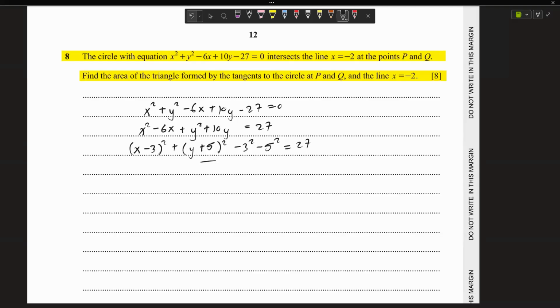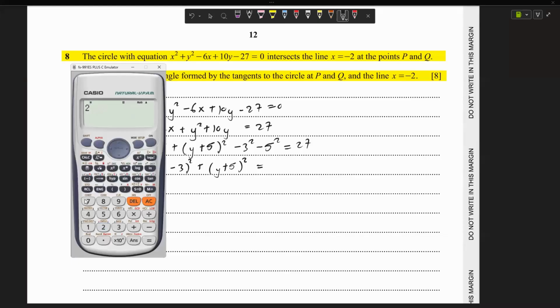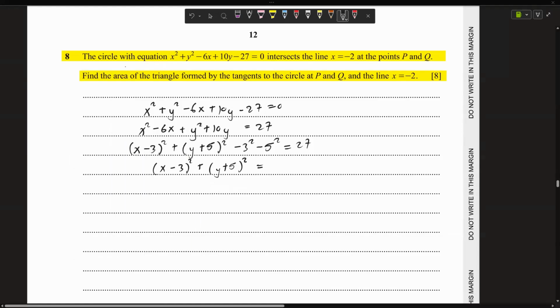All right, so we will end up having x minus 3 squared plus y plus 5 squared is equal to 27 plus the 3 squared, which is 9, and 5 squared, which is 25, so 61. So it's all equal to 61.